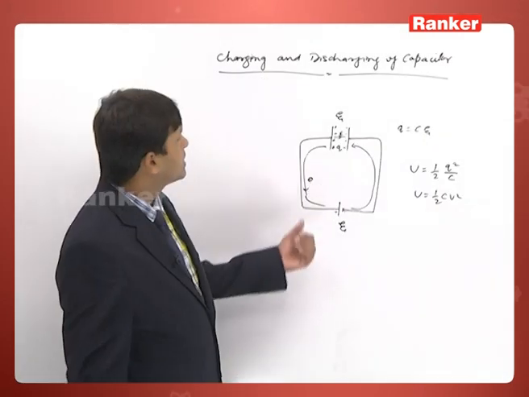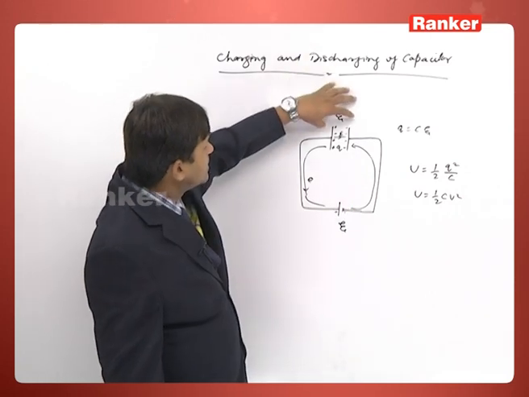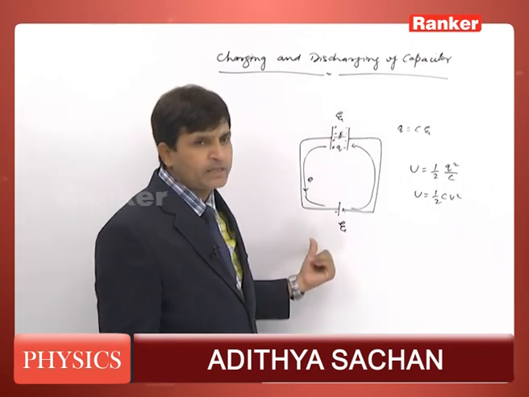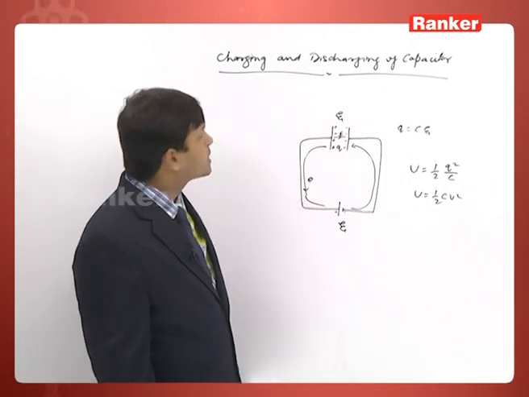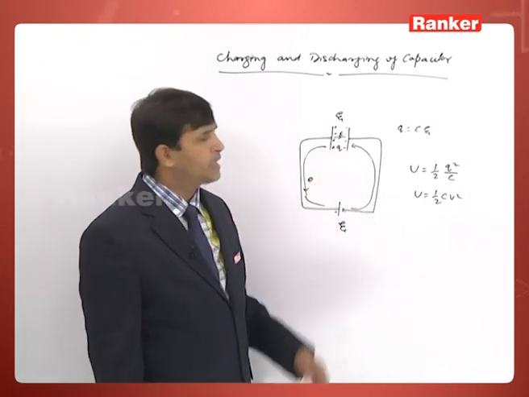In this manner, we can say the capacitor has some charge and energy within the two plates. This is called charging of a capacitor. So once a capacitor is charged, it stores energy.